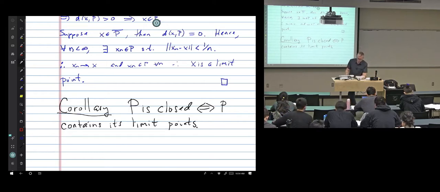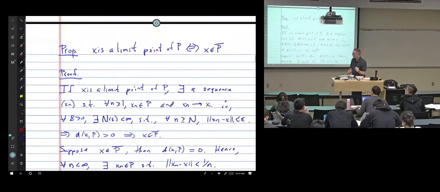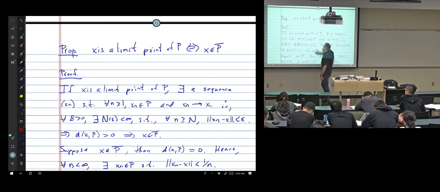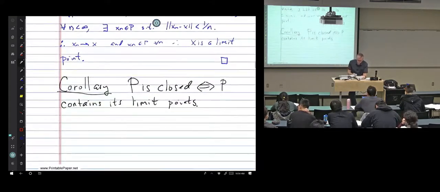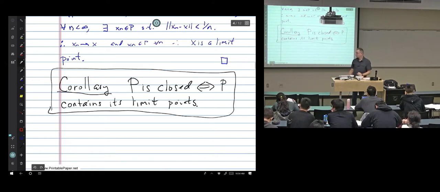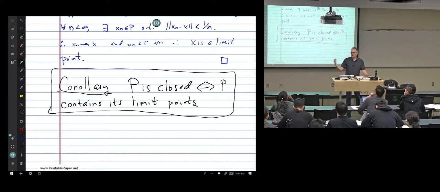X is in the closure of P if and only if X is a limit point. It's the same statement, but what you see written in all the books is this one right here. So limit points help you characterize the notion of a closed set, and once again, a set is open if and only if its set complement is closed, so you can characterize all of the open and closed sets with limit points.